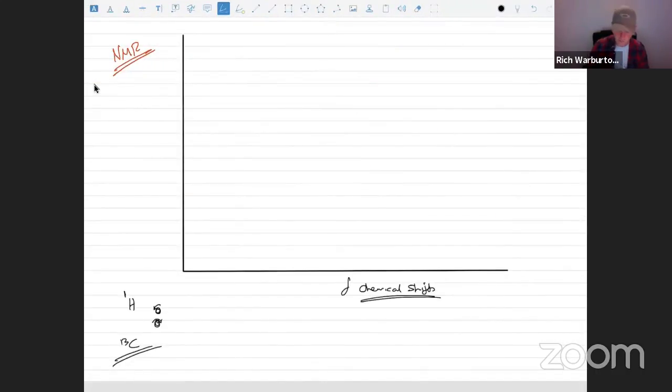Chemical shifts. Number one, let's say we get some peaks here. I'm going to draw just a random peak. Let's do a quartet here, like so.